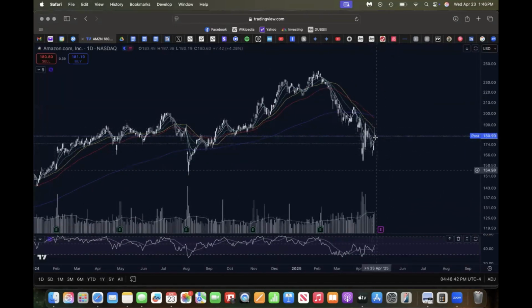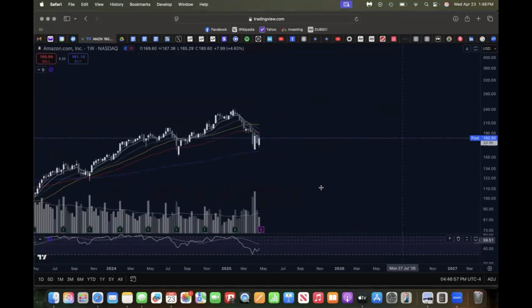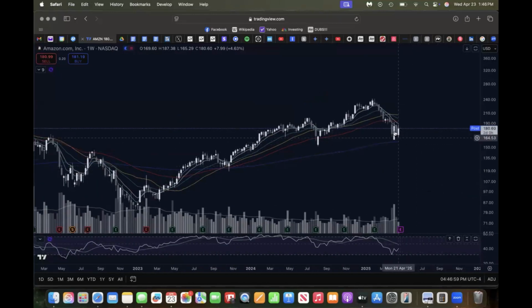We did get a push higher, now getting up into the falling moving averages. This is a daily chart. If I switch over to a weekly chart, we can see what appears to be a bottoming structure, where we've got a selling climax, then a back test, and then volume coming in.